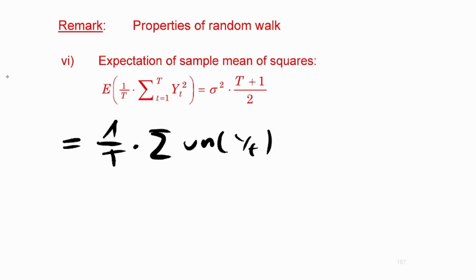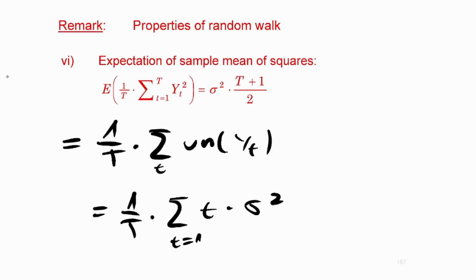No, sorry, that was for the random walk. The variance was time dependent with respect to time. So that was 1 over t times the sum of t times sigma squared. You understand? But t is basically the issue here, so you cannot take that out. So you have the sum of these numbers from 1 to t.